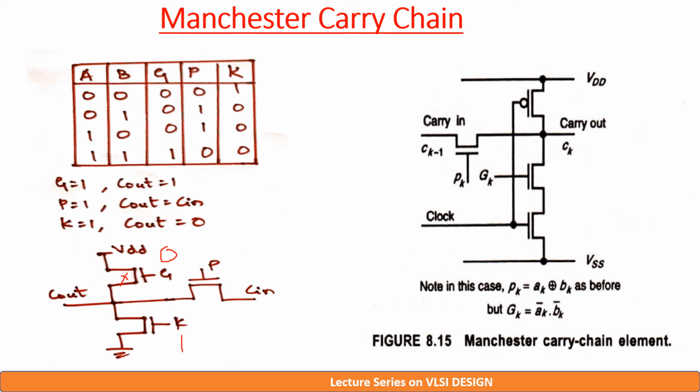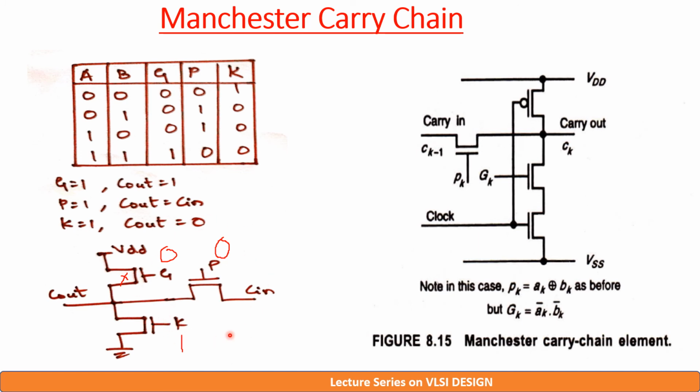If K is 1, P is 0, G is 0, K is 1 so this NMOS will turn on, the others are off. Since this transistor is on, Cout is shorted to ground. So if kill signal is 1, Cout will be 0.